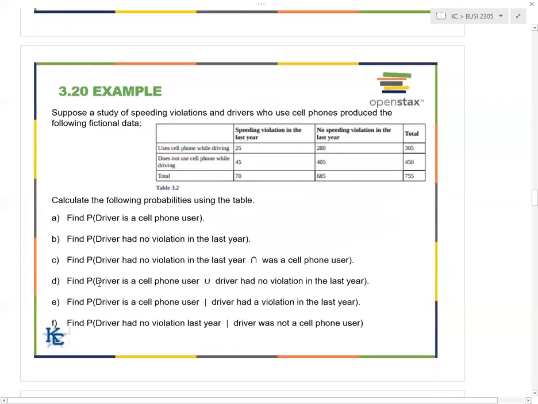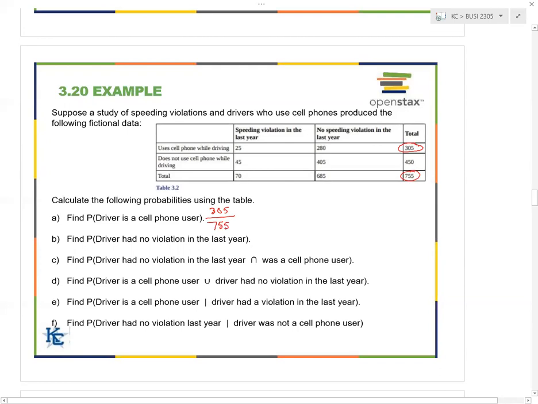So let's take a look at an example here, and this will kind of clear up how that looks. Okay, so calculate the following probabilities using the table. We want to find the probability that the driver is a cell phone user. So we're going to look at the total number of cell phone users, which is 305, over the total number possible, which is 755.